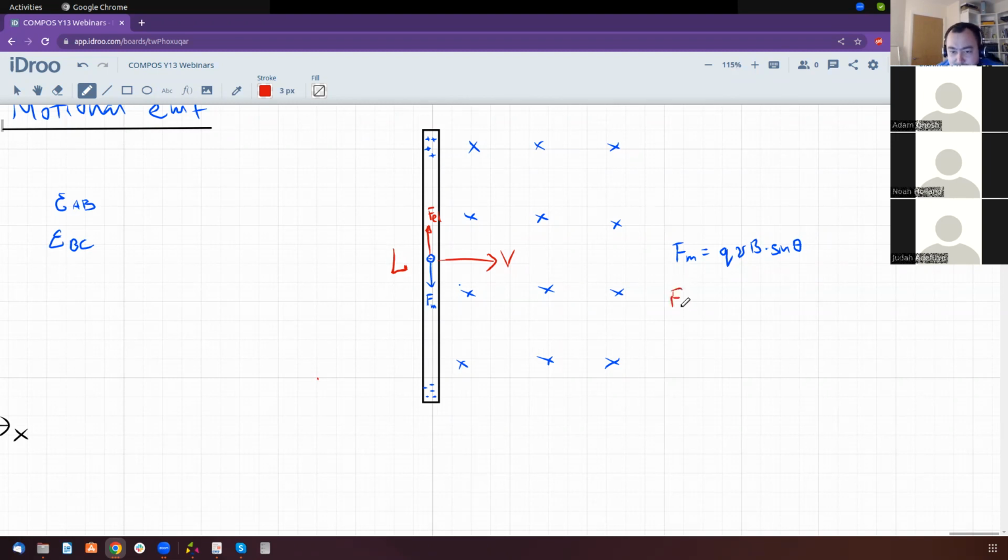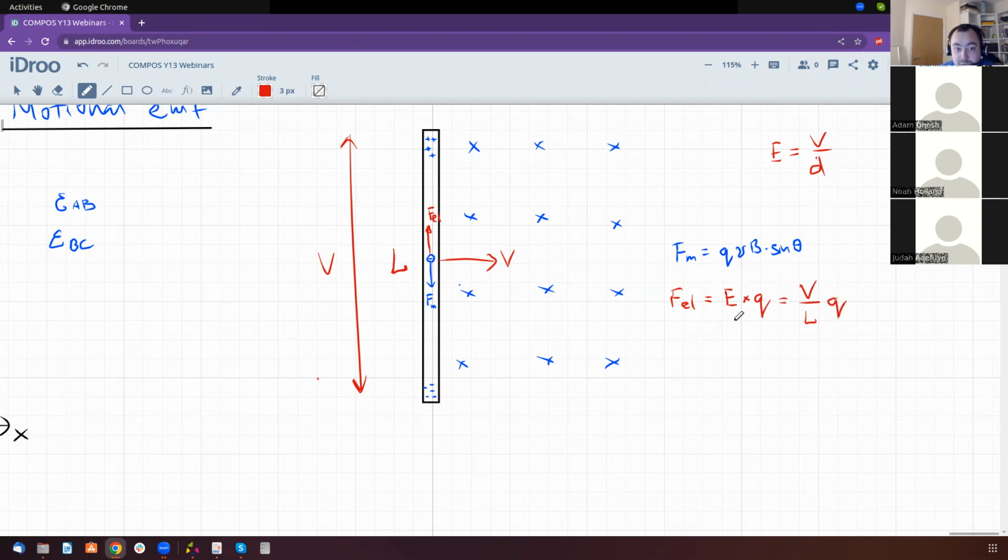The electric force, as we know from the electrostatic assignment, is the electric field times the charge, and if it's a uniform electric field, it's the voltage, the potential difference across the ends, divided by the length of the rod. Yes, we know that the electric field is the voltage divided by d, the distance, so times q.